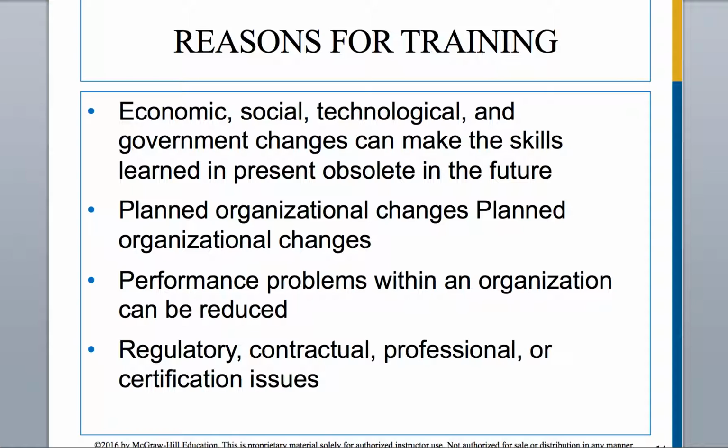So if we already know that we're going to pivot in 6 months, we're not going to wait 6 months to train you on certain elements. We'll start to roll out the training to you now. So, for instance, that's one example. You can also reduce performance problems within your company.